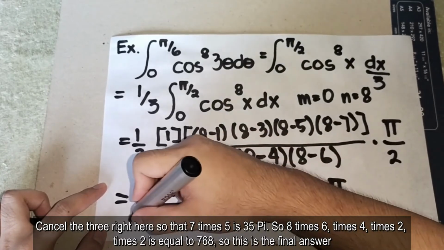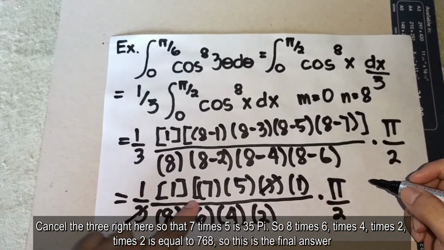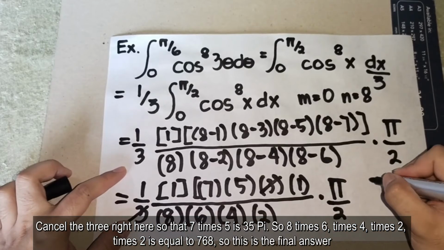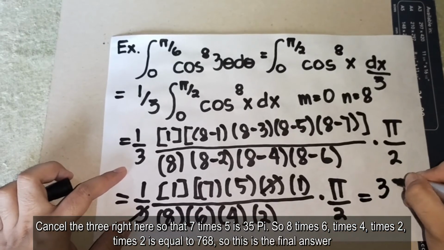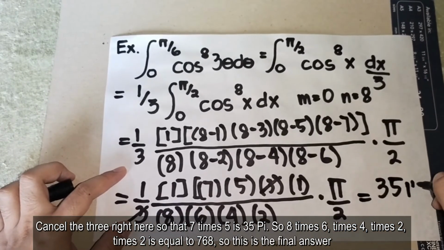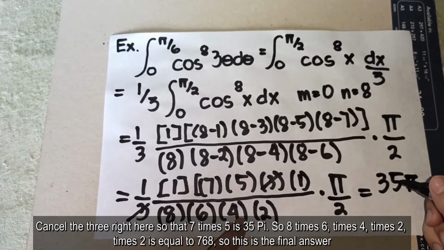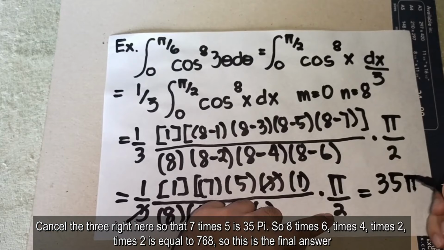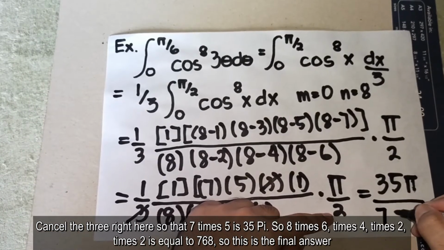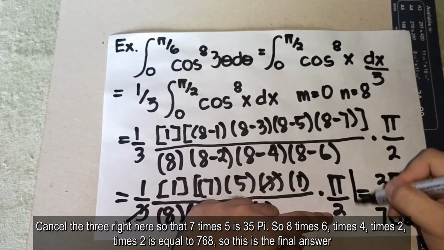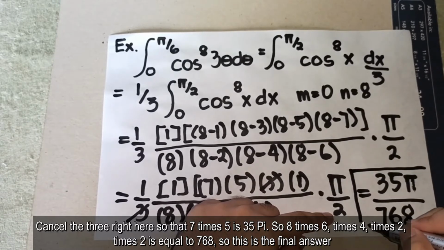The 3 right here cancels, so that 7 times 5 is 35 pi. So 8 times 6 times 4 times 2 is equal to 768. So this is the final answer.